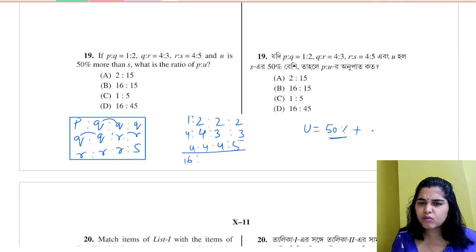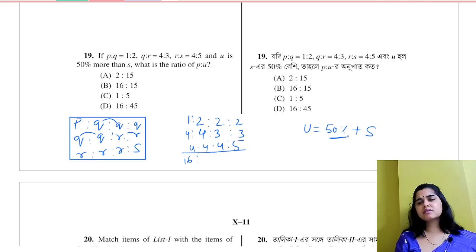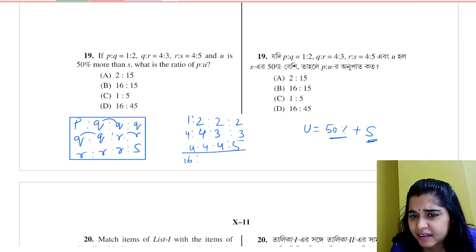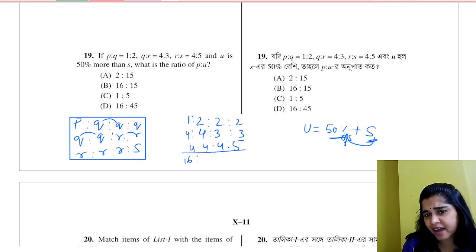More than S. Whatever S is, U is 50% more than S. Whatever S is here, in comparison to it 50% more will be there.